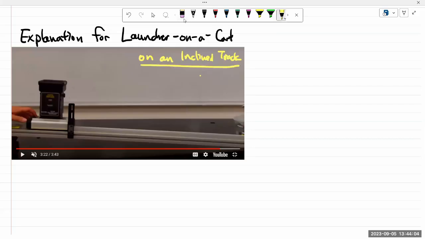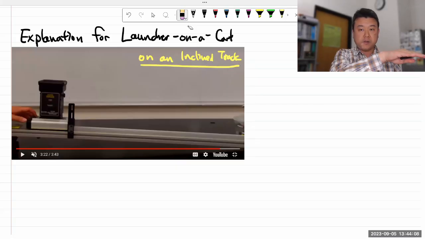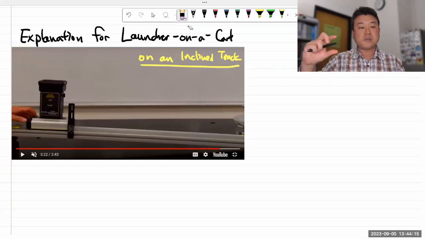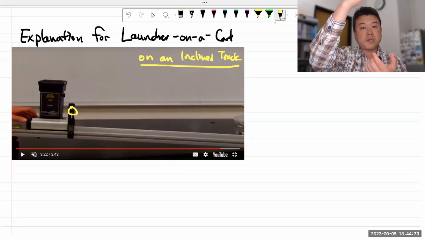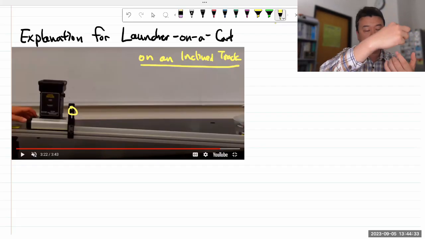So I'm starting from the assumption that people have seen the demo on a level plane, level track, and if the cart has some initial velocity, then as this thing triggers the launch mechanism and the ball is launched, because the ball launches with the inherited velocity and the vertical and the horizontal motion are independent, when it comes back down, it lands back in the cart.